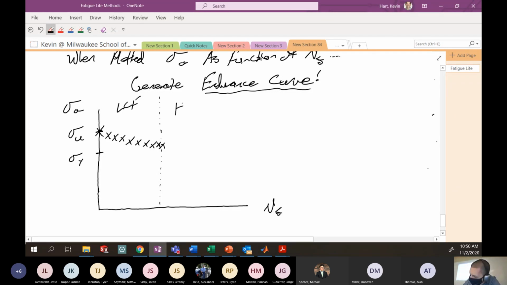In the high cycle fatigue, where we're staying elastic in our behavior, we get a little bit different behavior, and this actually falls a little bit more quickly. A little bit more aggressive on the downfall.